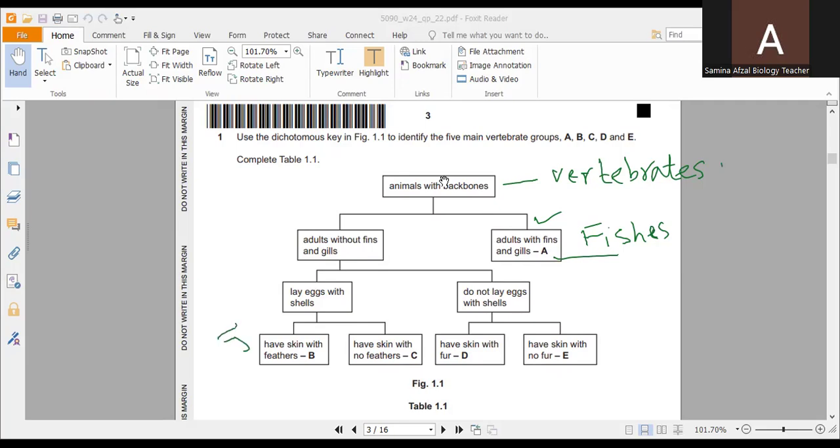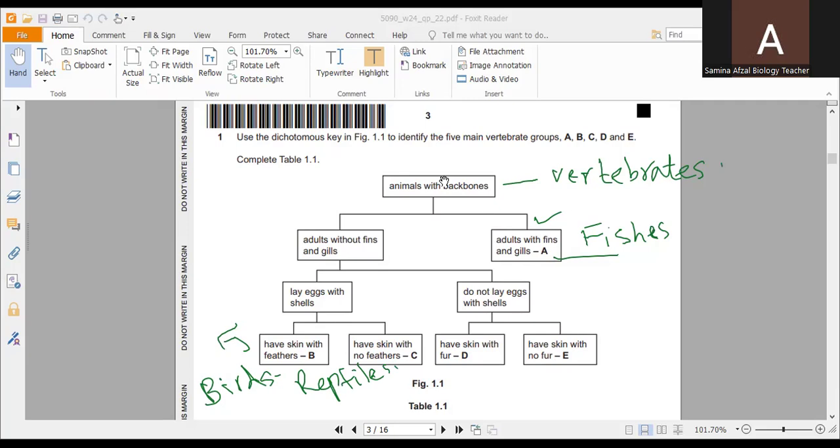Feathers are only present in the birds. And have skin with no feathers. They have scales on their body, but no feathers are present. So they can be the reptiles because they also lay eggs.